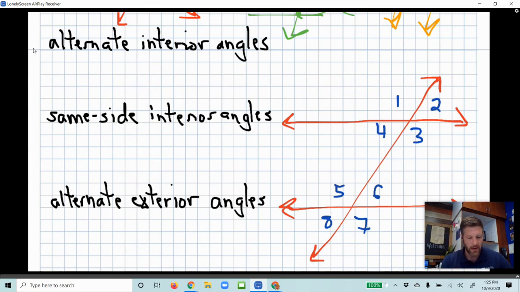Okay, so in every transversal, all of these definitions here rely on you having a transversal, two lines being intersected by a third line. Kind of like the letter A, I keep making with my fingers. So alternate interior. Alternate interior angles are the two angles inside of the two coplanar lines, in between them, and they're on alternate sides of the transversal or the crossing line.